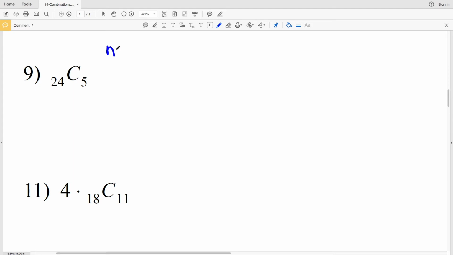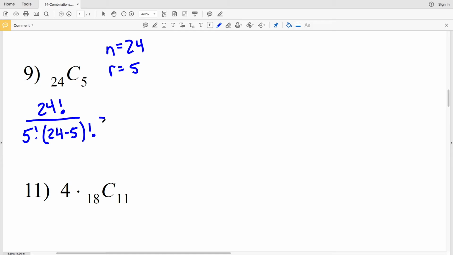In number 9, my n is 24 and my r is 5. So that's going to be 24 factorial all over 5 factorial times (24 minus 5) factorial. Now I'm going to rewrite this as 24 factorial divided by 5 factorial times 19 factorial.